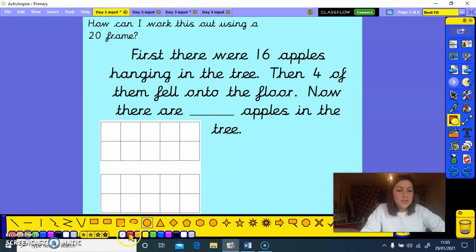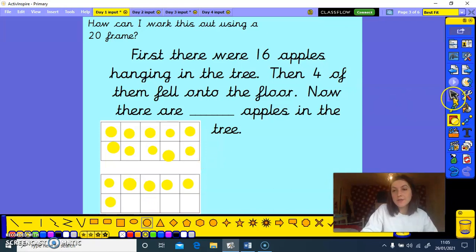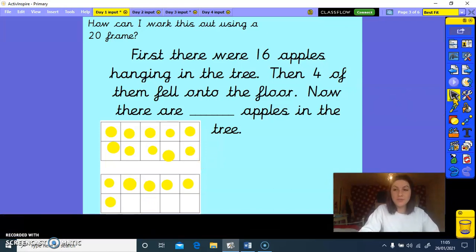So this is the number I need, 16 counters. 1, 2, 3, 4, 5, 6, 7, 8, 9, 10, 11, 12, 13, 14, 15, 16. 16 counters. Now, what might I have to do to take 4 away?